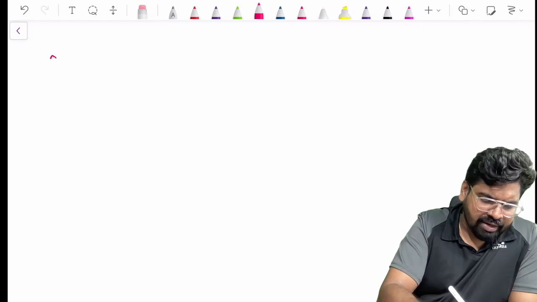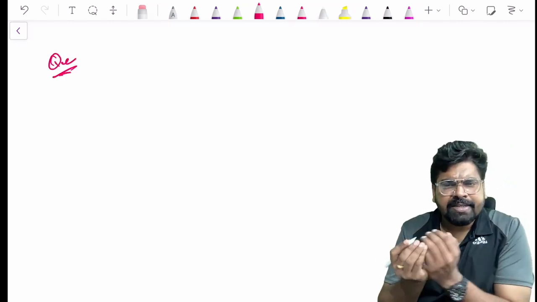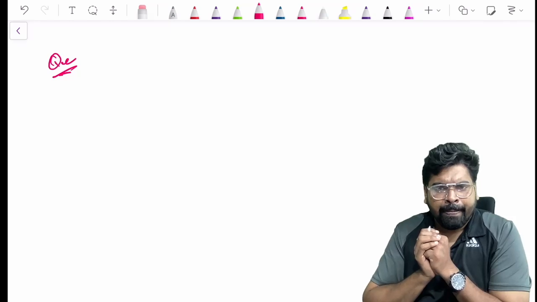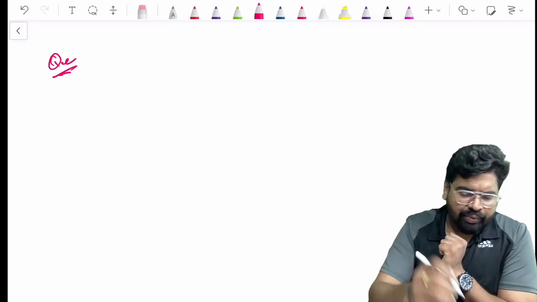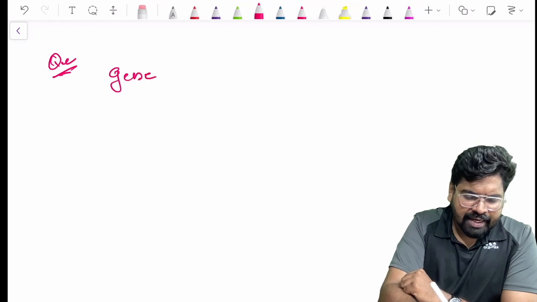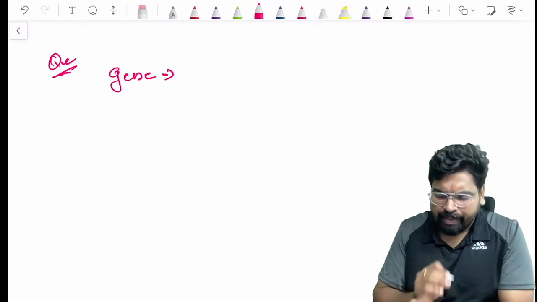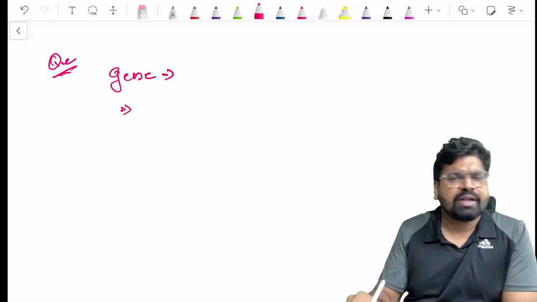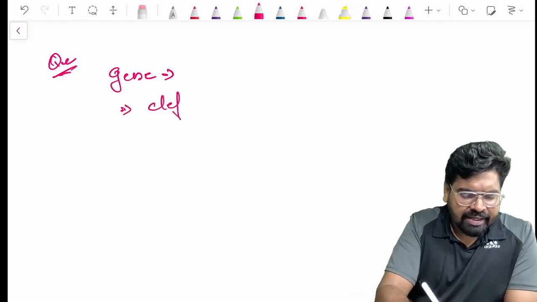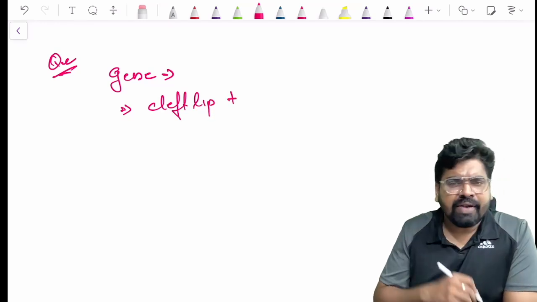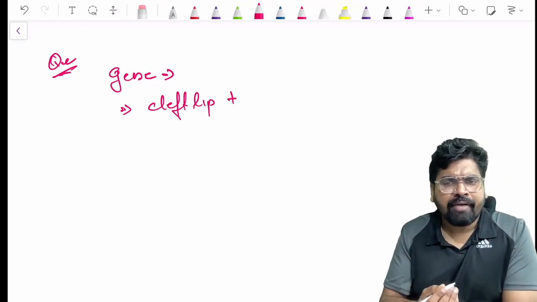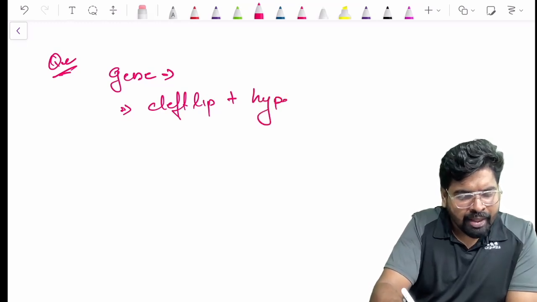Now there was a question related to the genes which cause this clefting. Please remember, there is one gene which is mostly causing a cleft lip. The person will suffer from cleft lip and will have hypodontia. What do you mean by hypodontia?